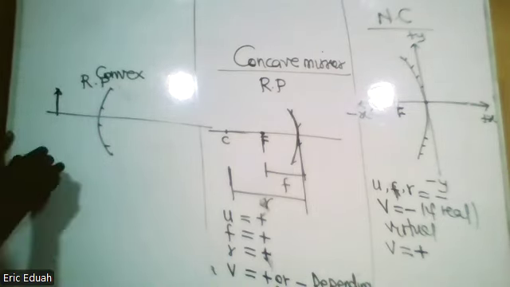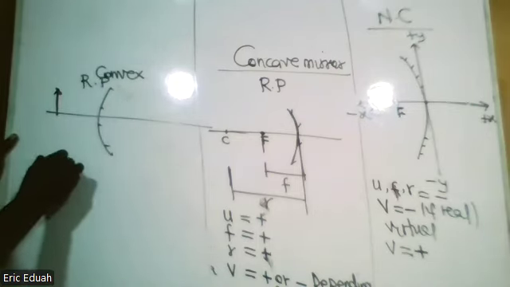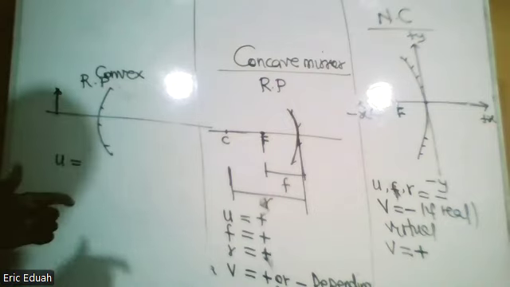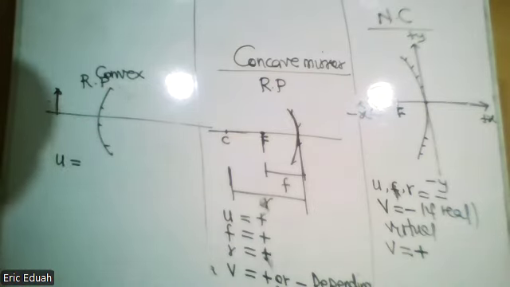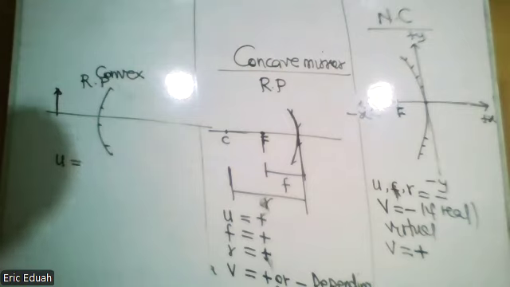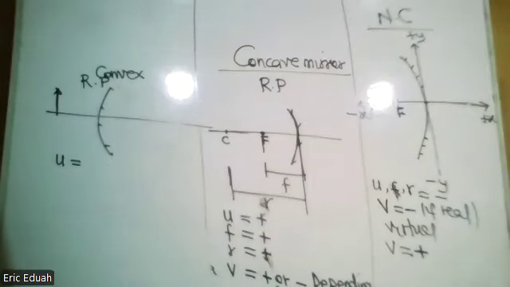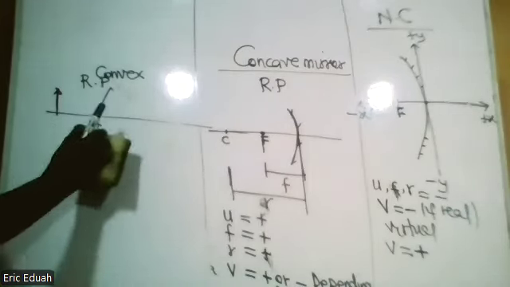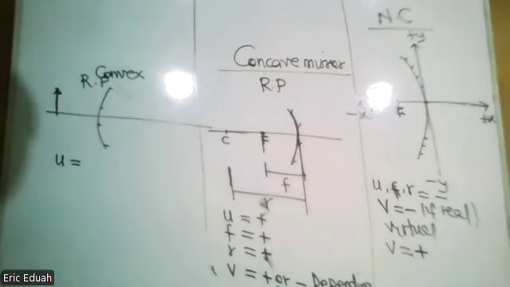So for convex, what sign will be attached to the object distance? Would it be positive or negative? Let's not waste time, please. Just express your view.